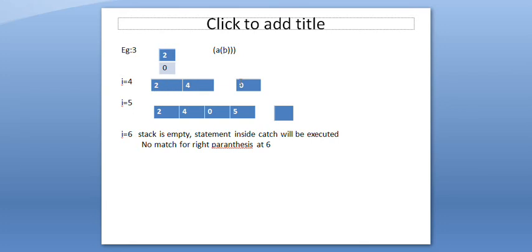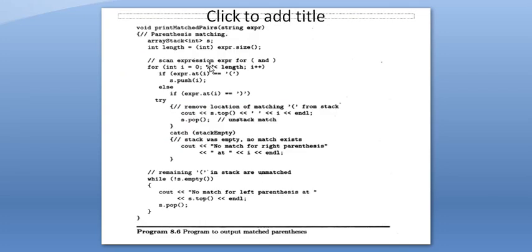That is correct. I have only one element now, 0, and i is equal to 5. Now for the 0th position, its right counterpart is at position 5. That is correct. But now, since you are performing the pop operation, there is no more content available in the stack, but the i value is 5.